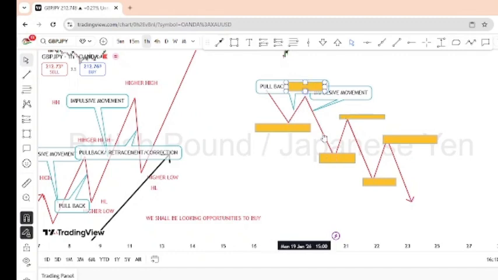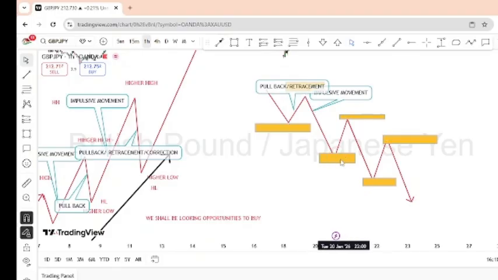You discover that the impulsive movement must break the previous support when you are moving to the downside. On the bearish movement, for this side to be called an impulsive movement, it must break the previous support that was created. It must keep breaking. We call it break of structure. As long as I keep breaking this structure, keep breaking this structure.